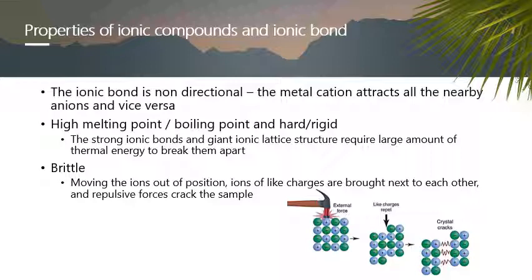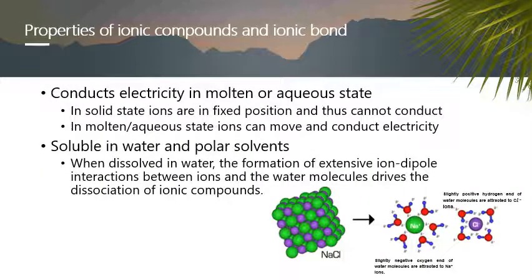This is because the strong ionic bond requires a large amount of thermal energy just to break them apart. They are brittle because, notice, if I just shift the ions by one position, the like charges are now next to each other, they will repel, and therefore it will crack.